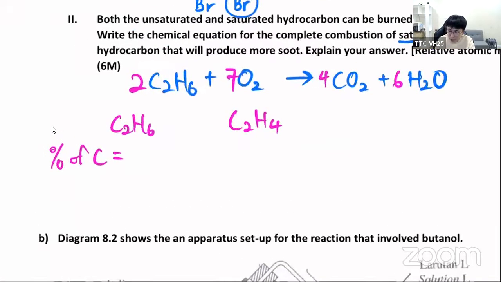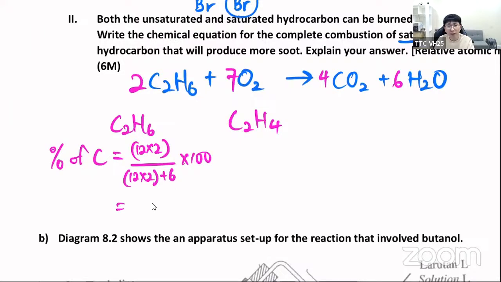It will be 12 times 2 because C2, over total, guys, total. C2H6 is 12 times 2 plus 6. Then the whole thing multiply 100. So it's supposed to be 24 over 30 multiply 100. Okay, press your calculator.